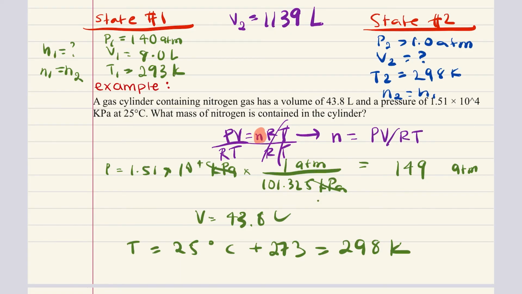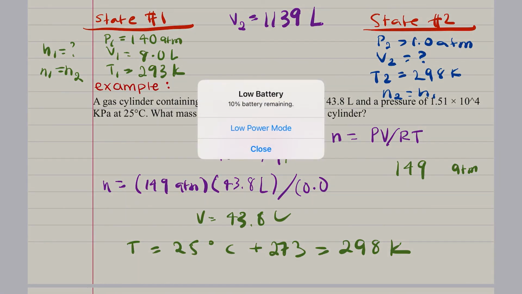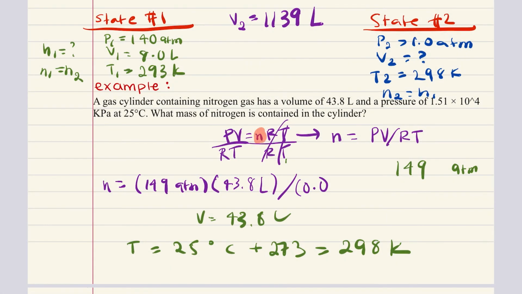Okay, now I'm going to erase some of this stuff here, all right? And we're going to start solving this. n equals, pressure is 149 atmospheres, volume is 43.8 liters, divided by the gas constant, which is 0.08206 liters times atmosphere over moles times Kelvin, all right?